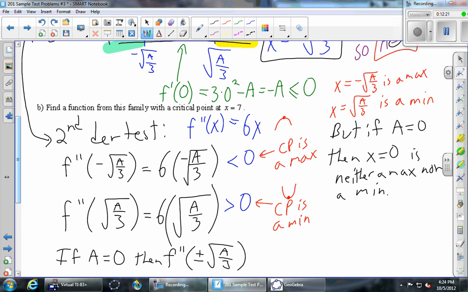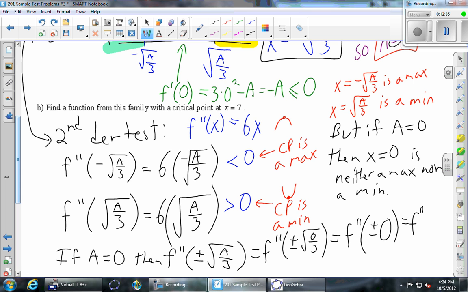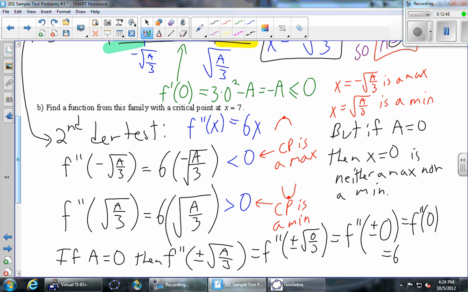Let's see, if a is equal to 0, then this is really f double prime of plus or minus square root of 0 over 3, which is f double prime of plus or minus root 0, which is nothing. F double prime of plus or minus 0 is just f double prime of 0. And then again, if we plug into the second derivative right there, 6x, how much is f double prime of 0? Well, it's equal to 6 times 0, which is 0.